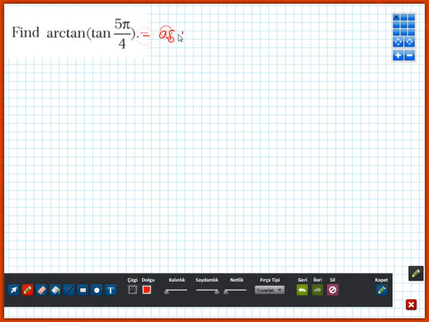And arctangent 1 is equal to what? We said the angle must be between minus pi over 2 and pi over 2, for which tangent will be equal to 1, and that is pi over 4. The result is pi over 4.